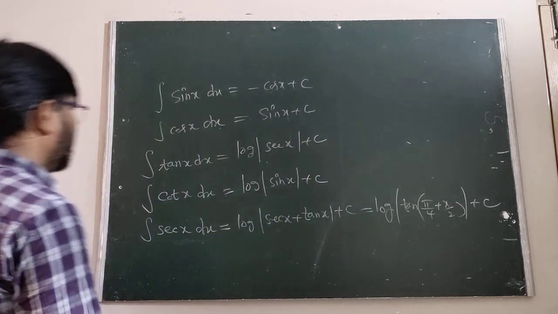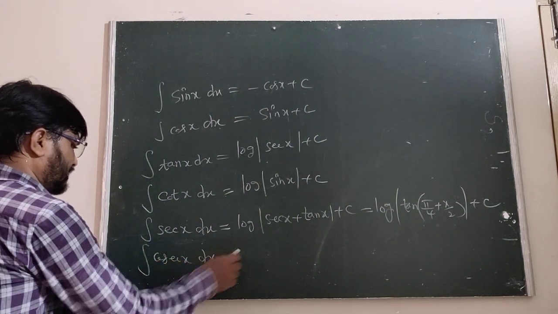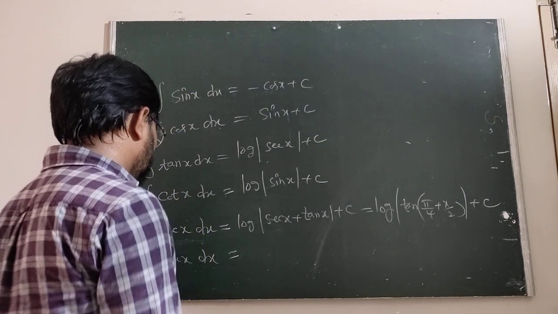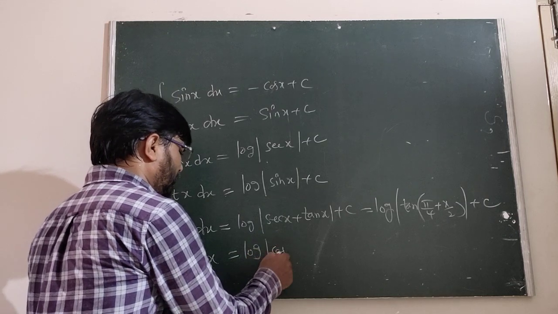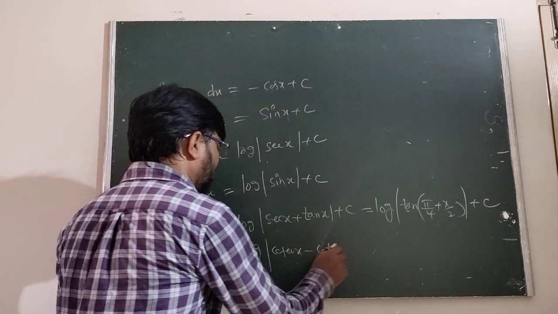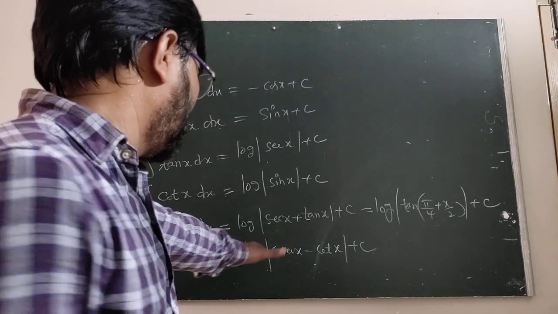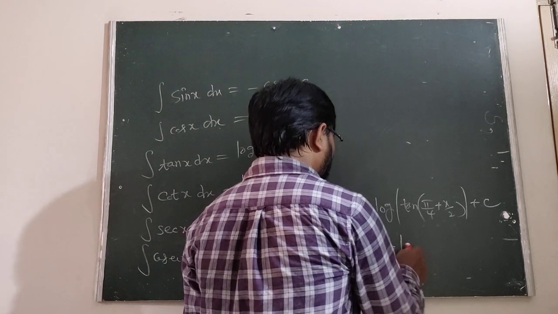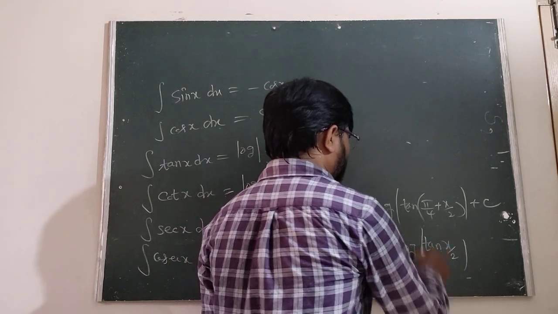Now we go to the integral of cosecant x dx. This is log mod of cosecant x minus cot x plus c. Is it clear? Here the log mod of cosecant x minus cot x, and also log mod of tan x by 2 plus c.